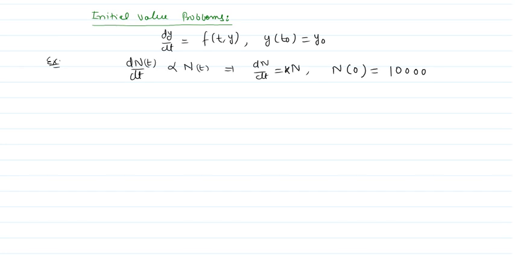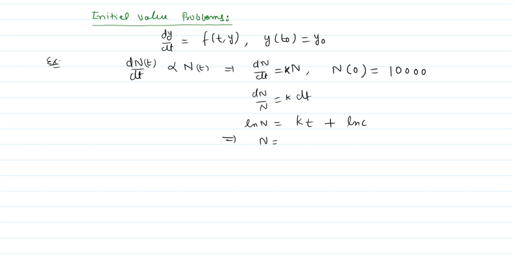So this is an initial value problem, and you can solve it directly, as this is in variable separable form. So I can write dN/N equal to k dt, and on integrating you get log N equal to kt plus some constant, you can write log c.